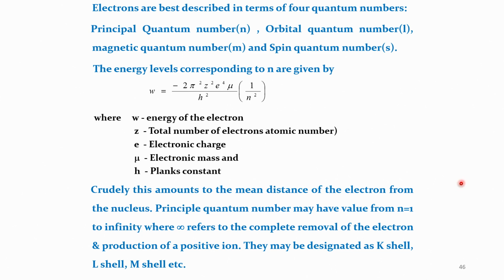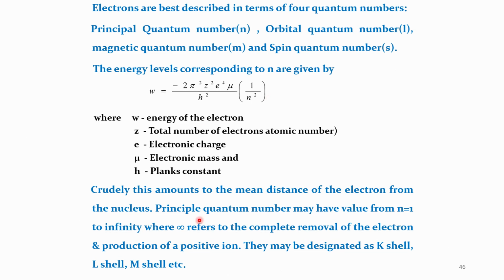The energy levels corresponding to different orbits n are given by this equation, W is equal to 2 pi square Z square. This is all PUC chemistry stuff. I am not going into details because this is only to remind you of things with respect to understanding of the atomic structure. We do not need many of these details, but for the sake of brevity we are doing it.